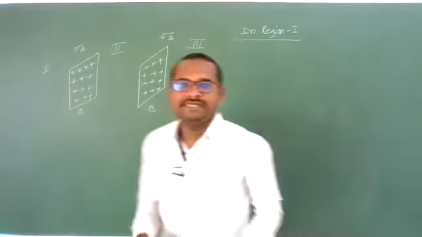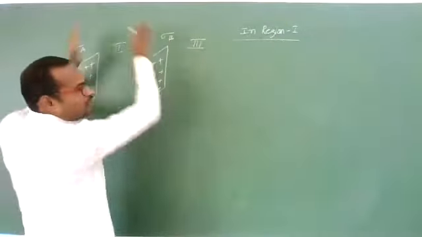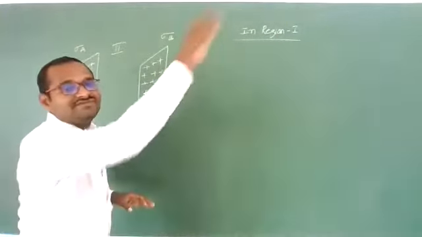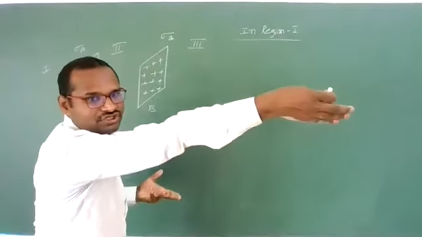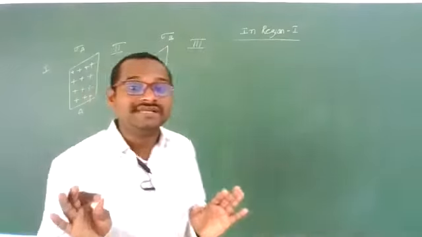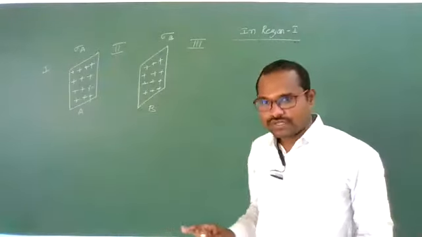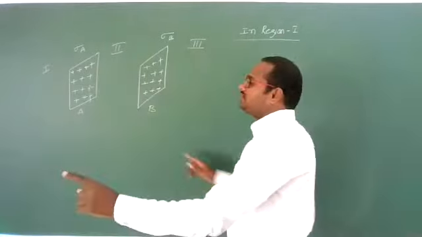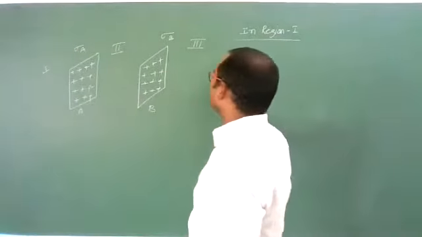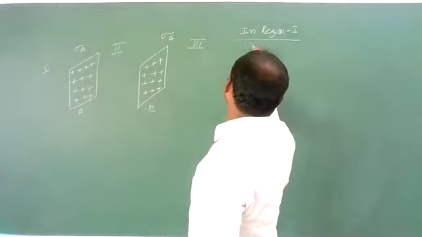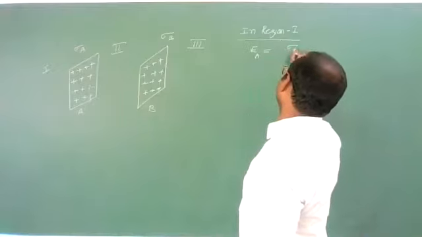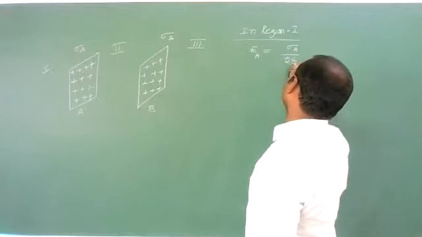Okay. Consider here one coordinate plane. Now right side we should take as positive, as you know, sign convention, and left side we should take as negative. Are you getting? According to sign convention, I am saying this. So electric field due to sheet A is in that direction. So that's why I am writing that electric field due to sheet A is equal to minus sigma A divided by 2 epsilon naught.